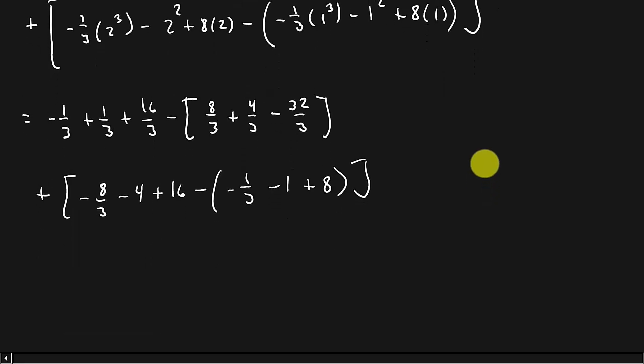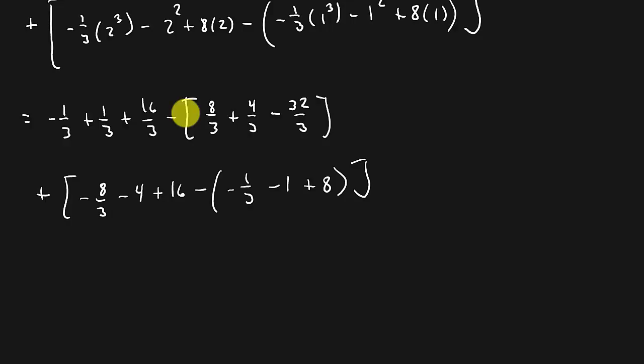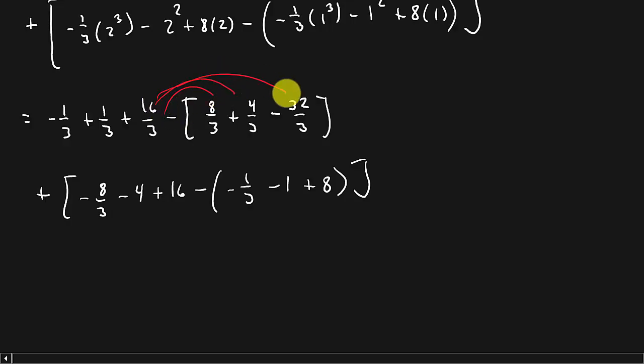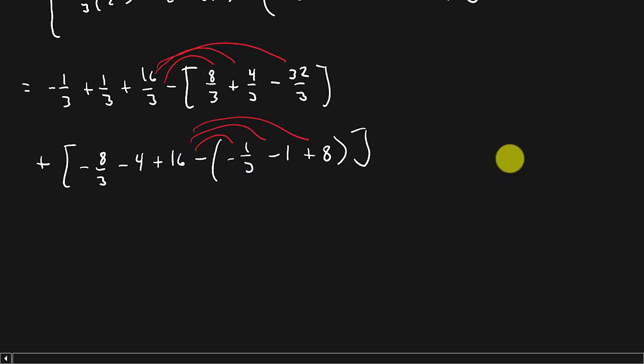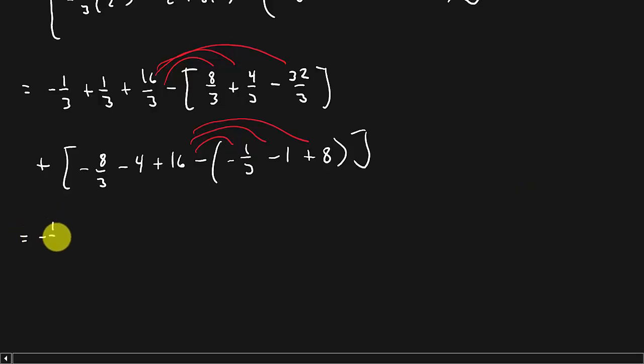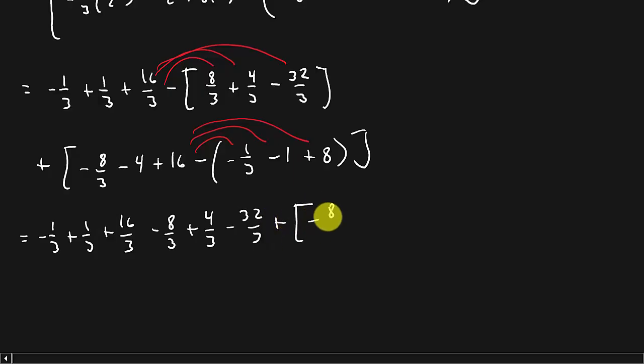All right. Now let's come up here and distribute this minus, and we will distribute this minus also. So that is going to give us -1/3 plus 1/3 plus 16/3 minus 8/3 plus 4/3 minus 32/3 plus, well, let's do it step by step. Minus 8/3 minus 4 plus 16. It's important, just take your time.